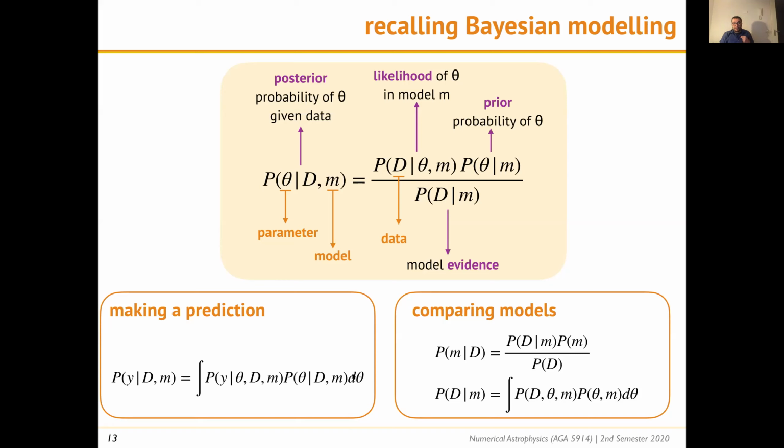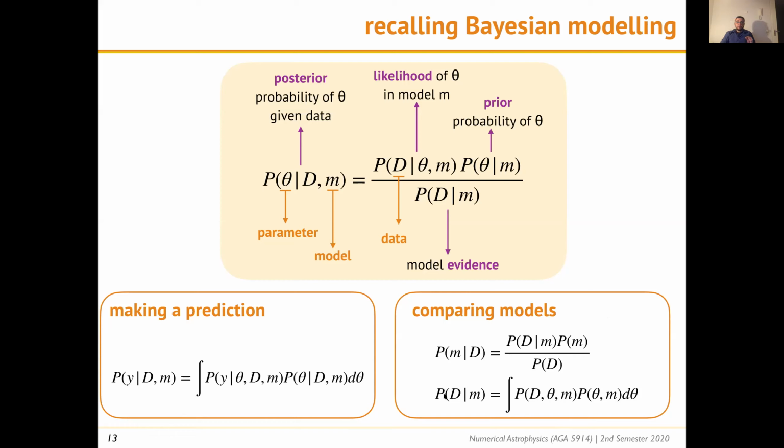Our subjective impression of what the prior should be might affect the outcome. And how do we compare different models using Bayesian reasoning? It's just according to this equation. The probability of the model given the data is equal to the probability of the data given the model times the probability of the model divided by the probability of the data.